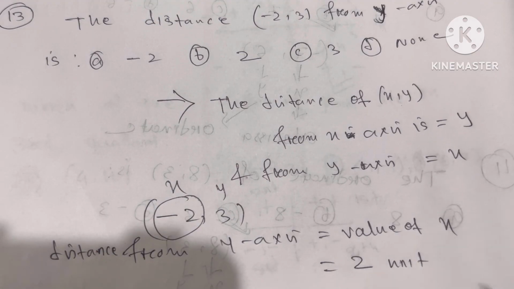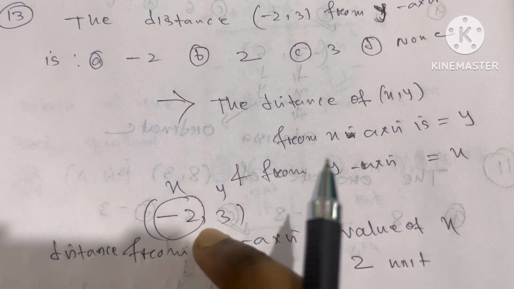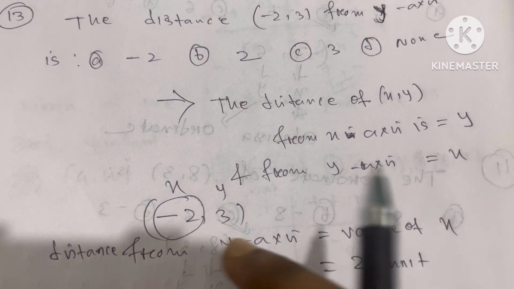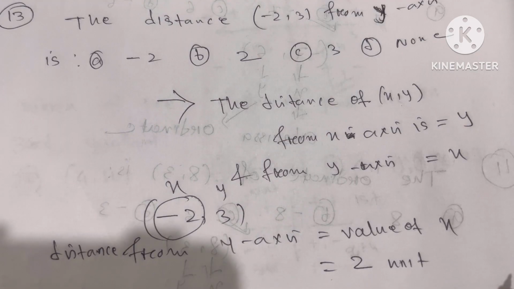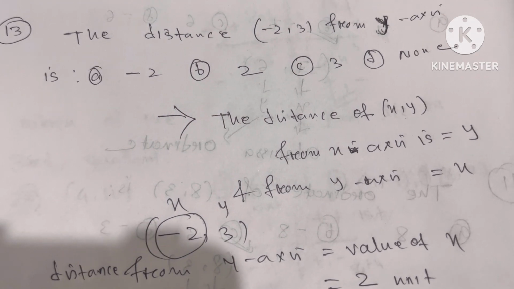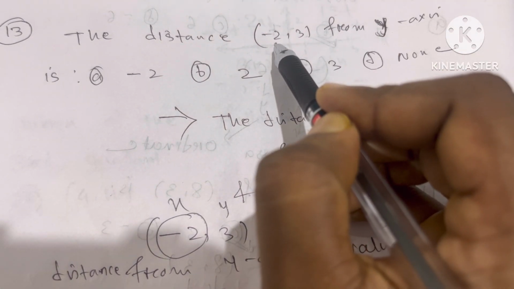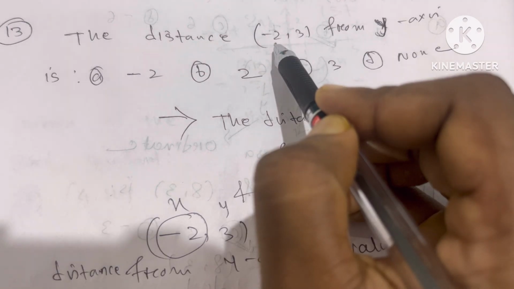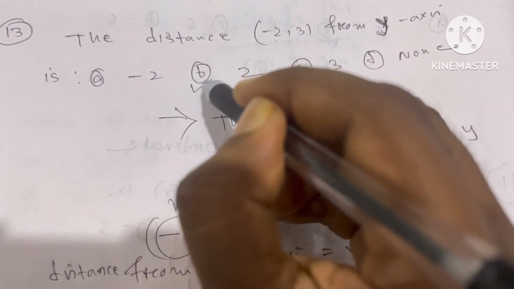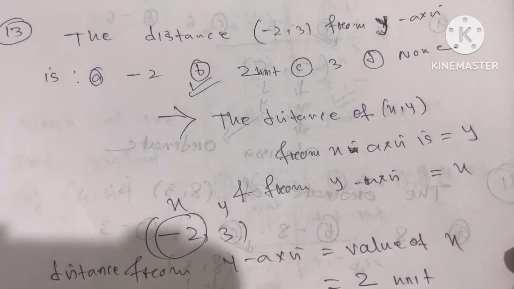So the distance of this point from the y-axis is 2 unit, because the x value is minus 2 but distance is always positive. So remember, the distance of any coordinate point from the y-axis means the x value, written in positive form. Means option B is correct. 2 unit. Okay.